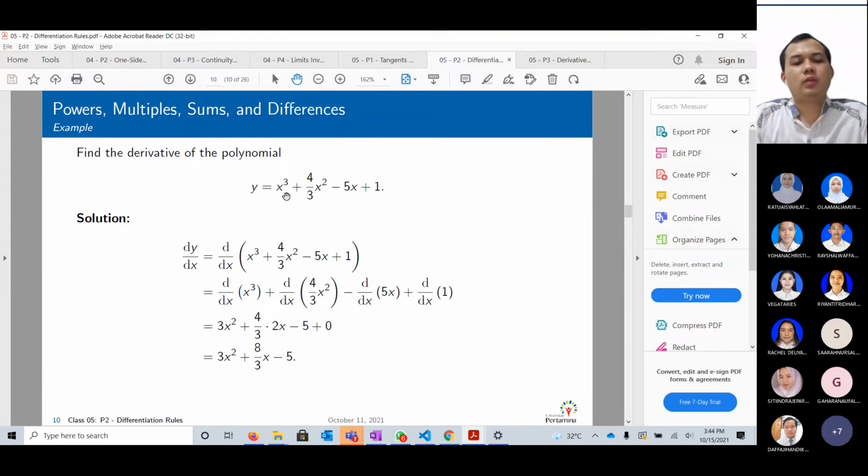So if we want to find the derivative of this kind of polynomial, we can just take the derivative of each term. Jadi kalau kita punya turunan dari polinomial seperti ini, ada plus, min, atau seperti apa, itu kita bisa ambil turunan dari masing-masing. Ini cuman cara menghitung turunan yang kalian sudah kenal di SMA. Jadi seharusnya ini sudah cukup jelas.